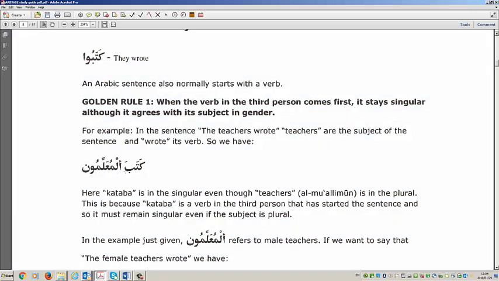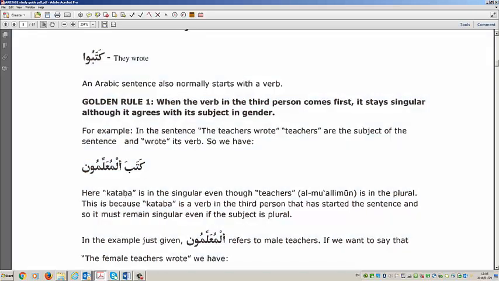This is just a rule of Arabic: when the verb is first in a sentence, and it's a third person verb, remember here you're referring to a male or female, a he or she, not a we, or an I, or you, it must remain singular, even though its subject, the teachers here, is plural.